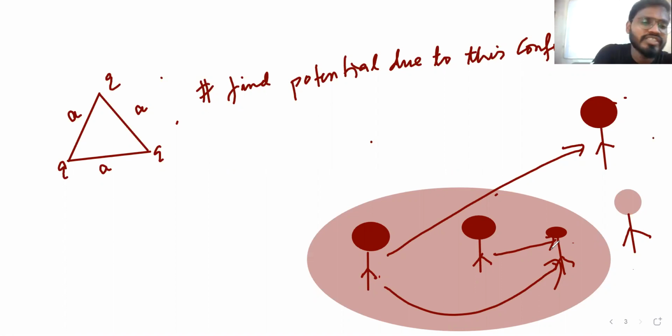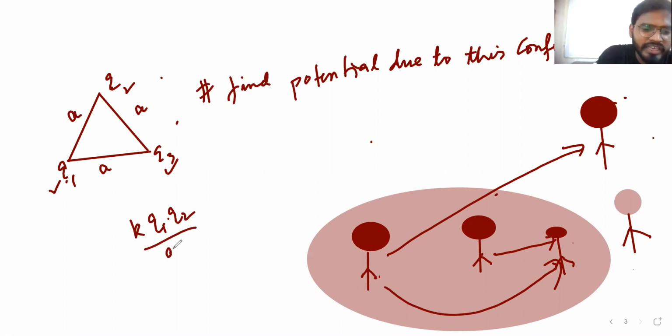Suppose first we brought a charge here, the second is this, the third is this. So what will happen? First he will apply potential on this charge. So let's take Q1, Q2, and Q3. So we can say KQ1Q2 by A. Then this charge came, as he came here.